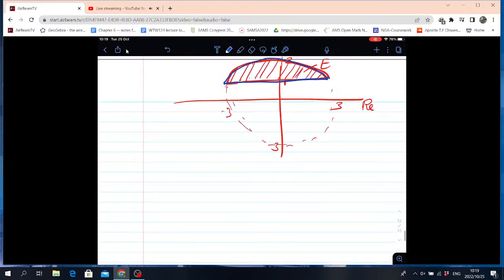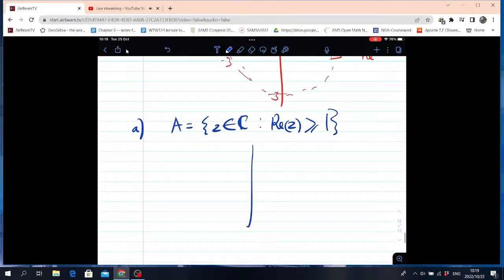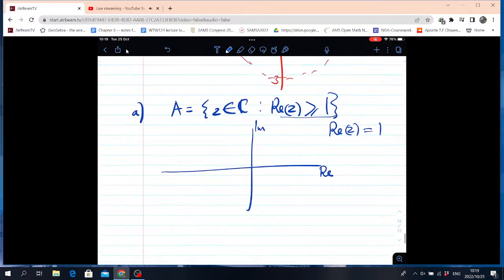Right. Maybe let me just do A quickly before we stop. So A is defined as Z complex such that the real part of Z is greater or equal to 1, right? So if I've got this is imaginary, and then this is real. If I want the real part to be greater, I have to find out what is the real part equal to 1, right? So we are trying to find complex numbers of the form 1 plus bi, where b can be anything, right?